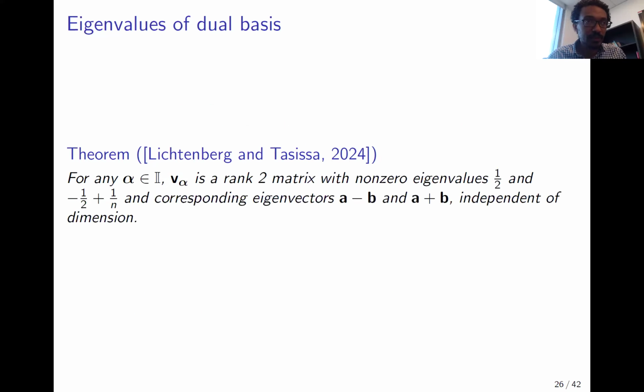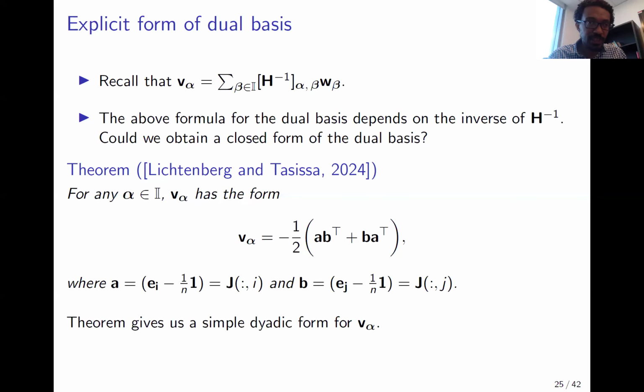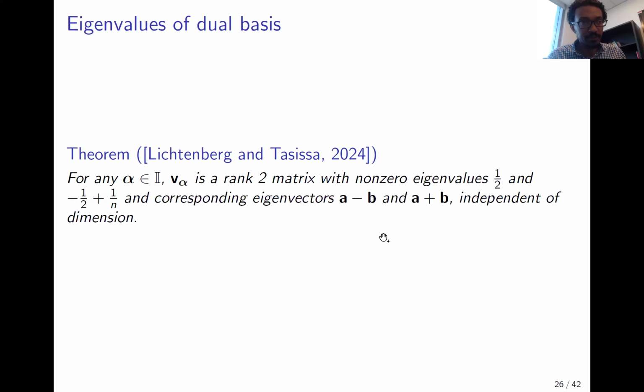Okay. We might be interested in what kind of properties V alpha has. In fact, V alpha is a rank 2 matrix, and we can completely characterize the non-zero eigenvalues. These are the non-zero eigenvalues with these corresponding eigenvectors. And this is true irrespective of dimension.